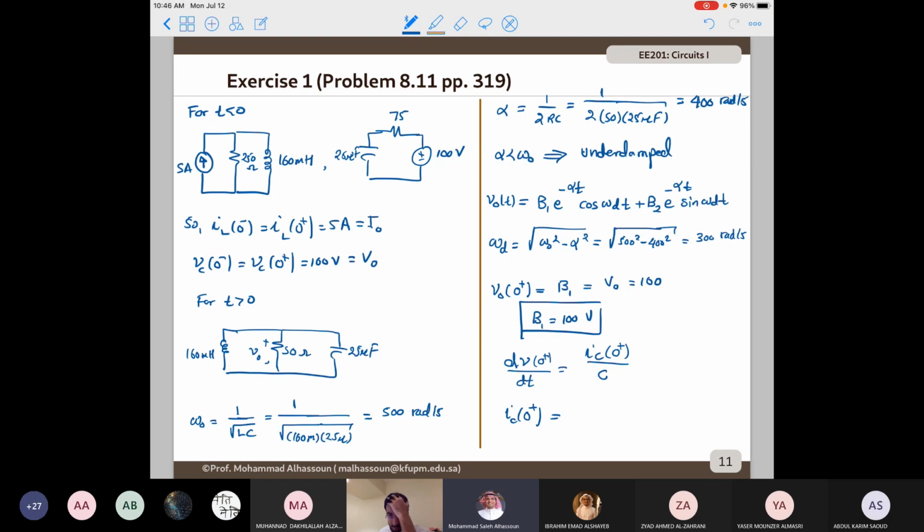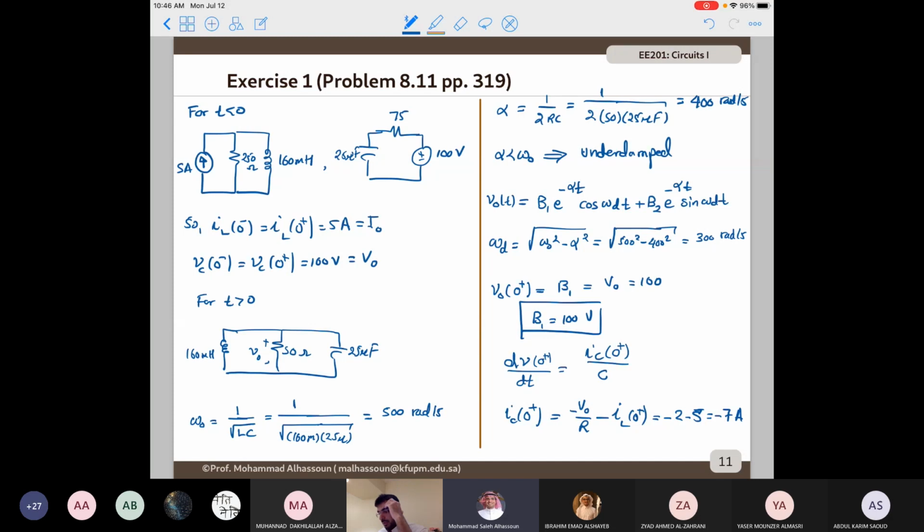Yes, sir. Maybe because we know the voltage, we can calculate the current in the resistor and then use KCL. Yes. So it's going to be V0 divided by R minus the initial current in the inductor, and this is going to give me -7 amps.